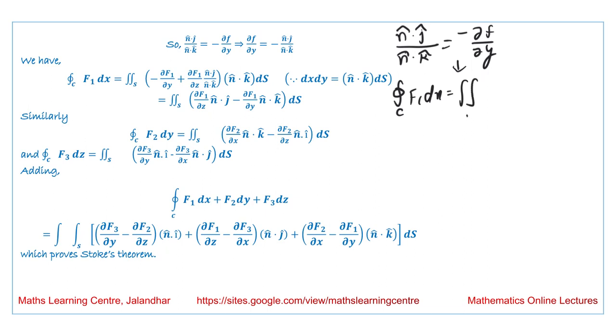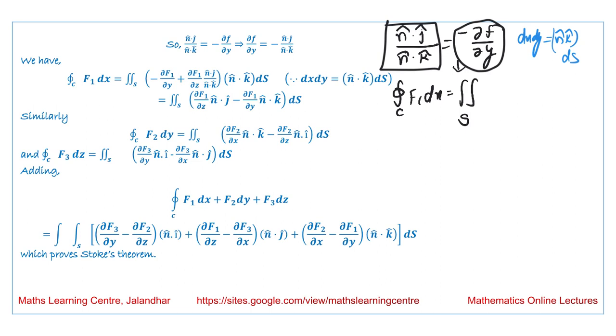that is equal to the double integral over S. Now in place of curly f by curly y, we are substituting minus of this, and in place of dx dy, we know that dx dy is equal to n cap dot k cap into ds.